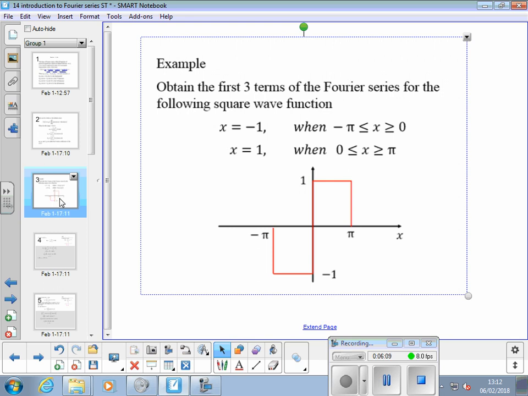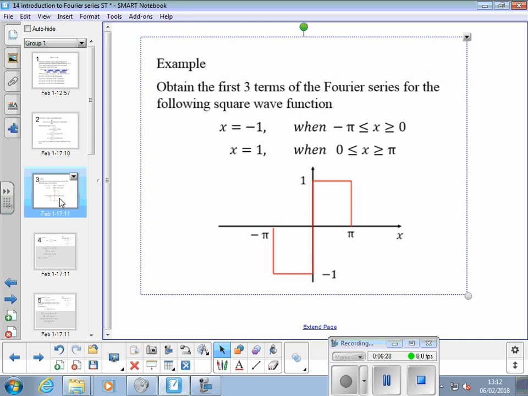So we've got a repeating square wave function. How do we define it? This is not a continuous waveform, because at that point it jumps all the way from minus 1 to 1. So you have to express it as 2 separate values.